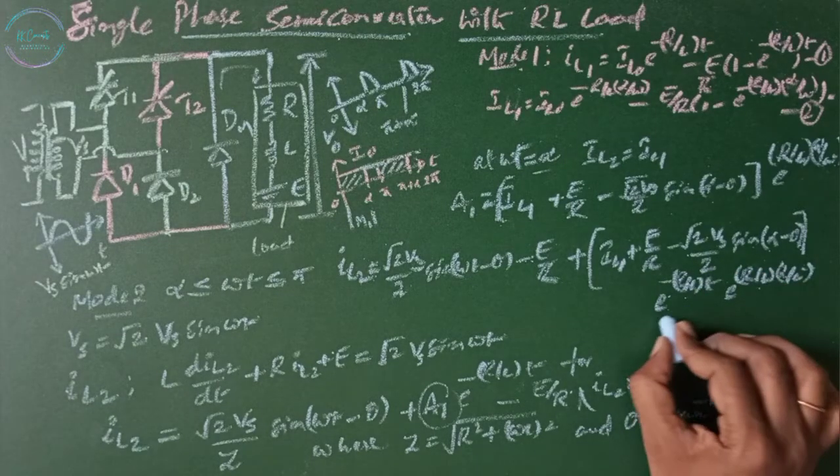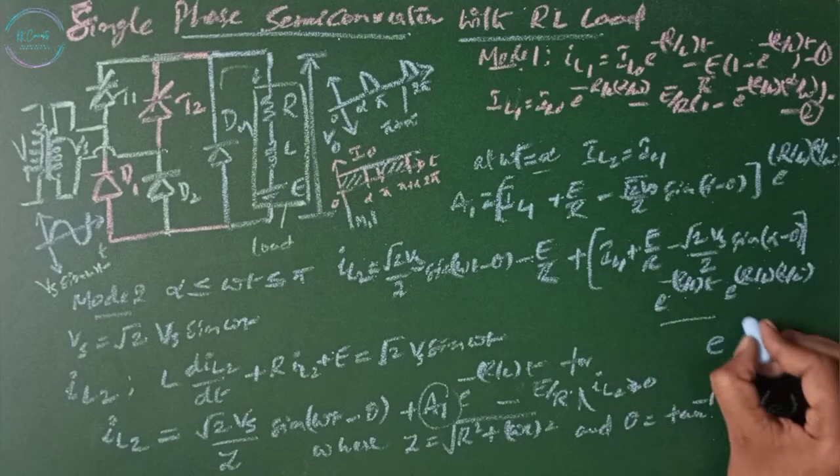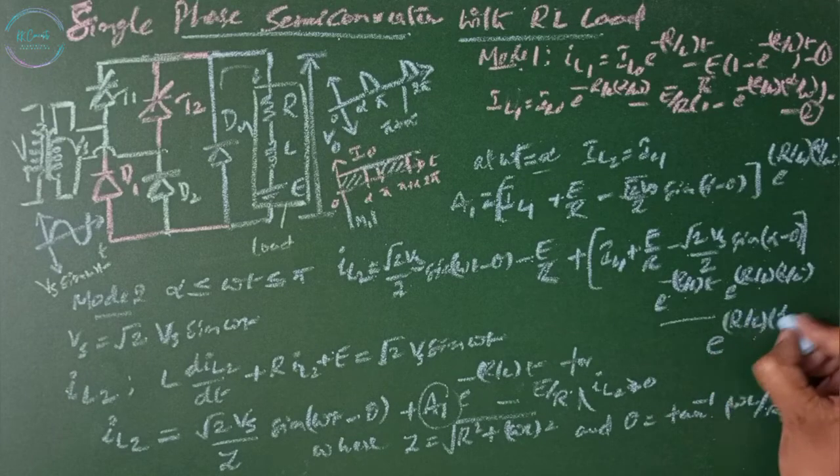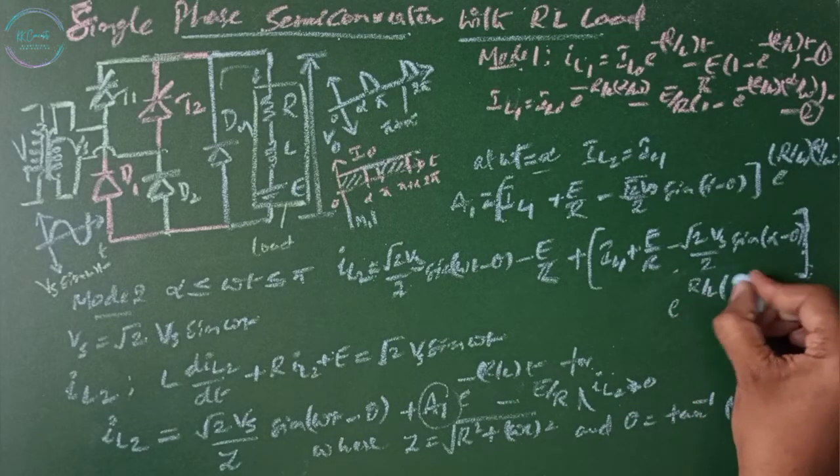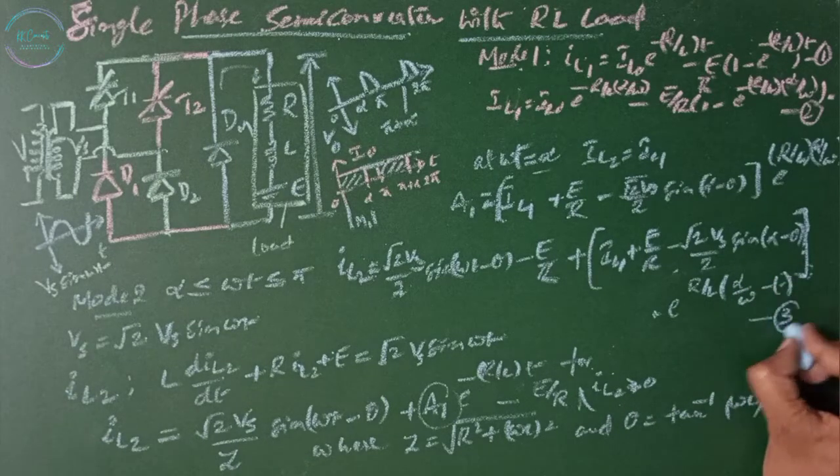Or else, by combining, you can write e to the power of R by L as common, with alpha by omega minus t. This is equation number 3.